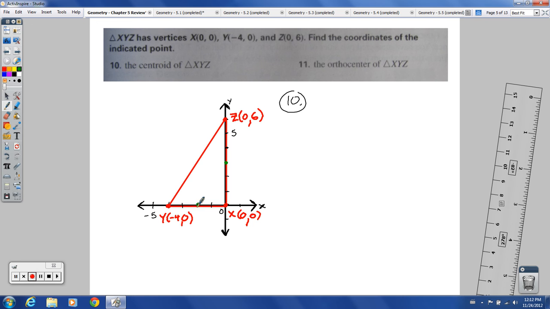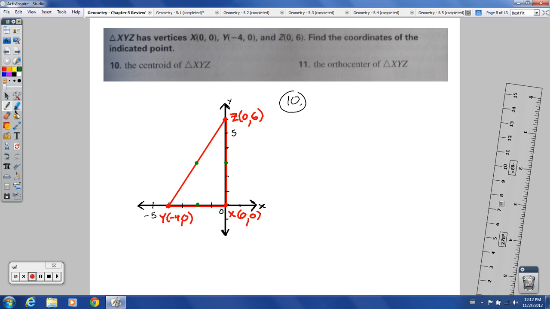Over here is -2, 0 is the midpoint in that case, and this way, halfway between 0 and -4 will still be -2, and then halfway between the 0 and the 6 will be right there at 3. So this is the point -2, 3.